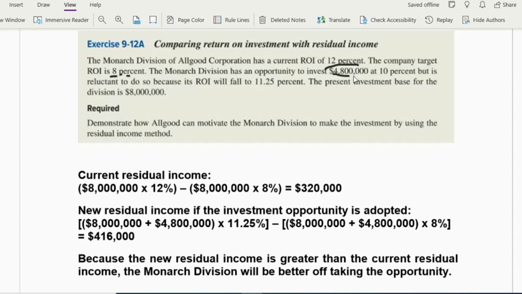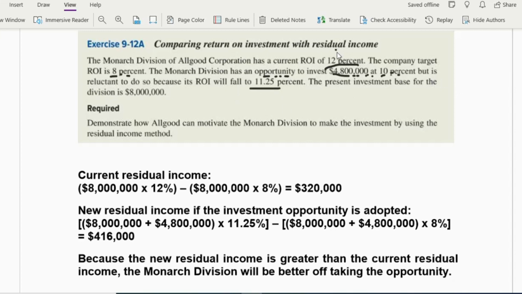Now this is the additional investment because it's an opportunity. They haven't done it yet, but they are deciding whether to do it or not. This is the return they will earn by investing this $4,800,000, but they are reluctant to do so because ROI will fall to 11%.